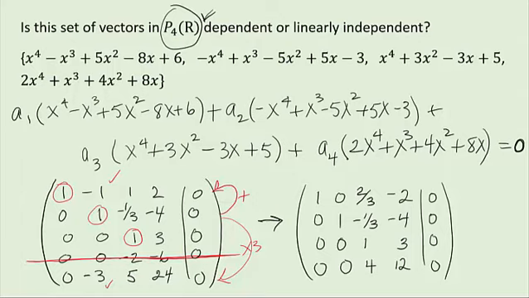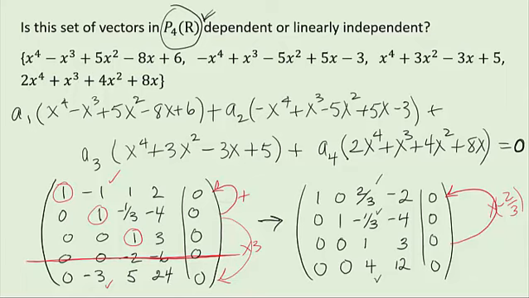Doing so, I get this matrix, and I see that I have my 1 where I want it, and now I want to use row 3 to eliminate the 2/3, the negative 1/3, and the 4. I want to turn those into zeros. So I will multiply the 3rd row by negative 2/3 times negative 2/3 and add it to the 1st row.